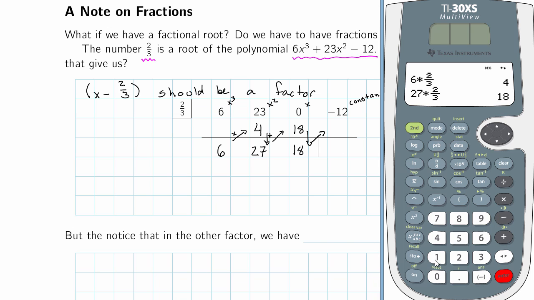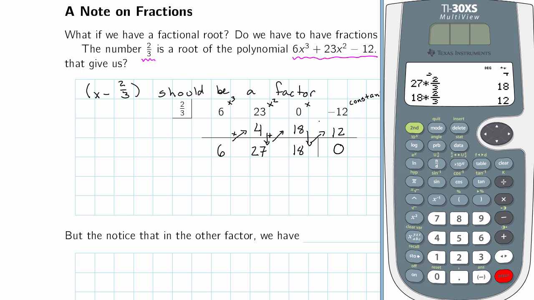We multiply. 18 times 2/3 is 12. Negative 12 plus 12 is 0.